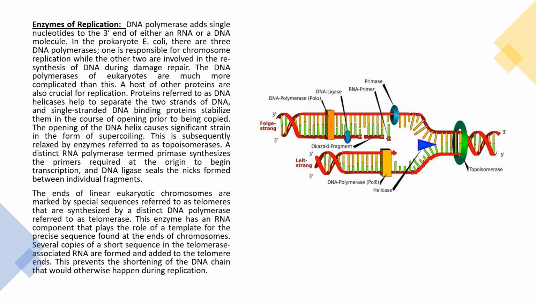Several copies of a short sequence in the telomerase-associated RNA are formed and added to the telomere ends. This prevents the shortening of the DNA chain that would otherwise happen during replication.